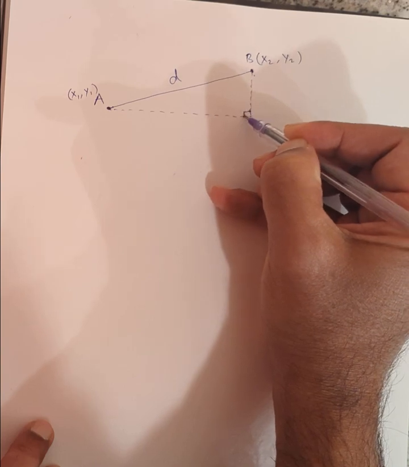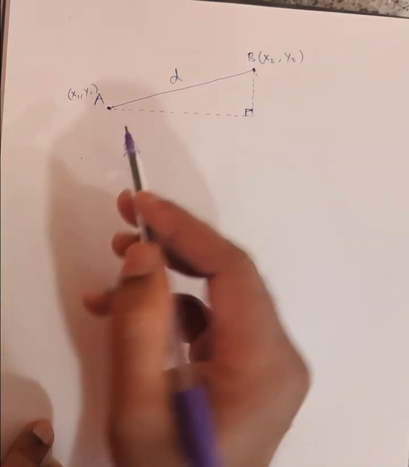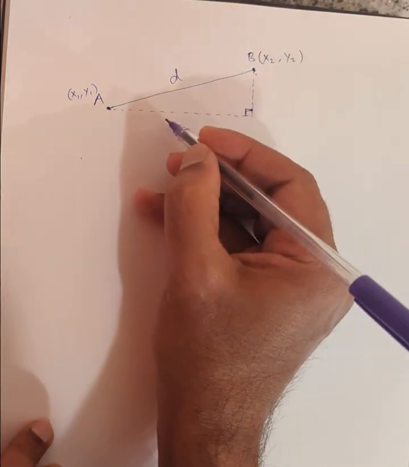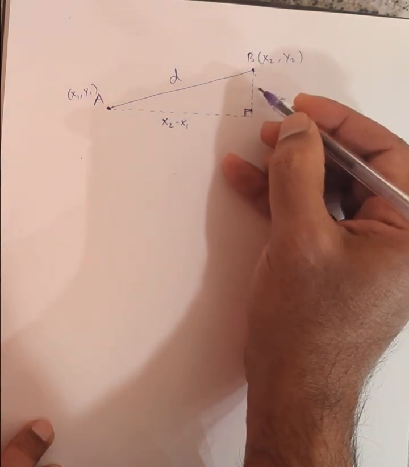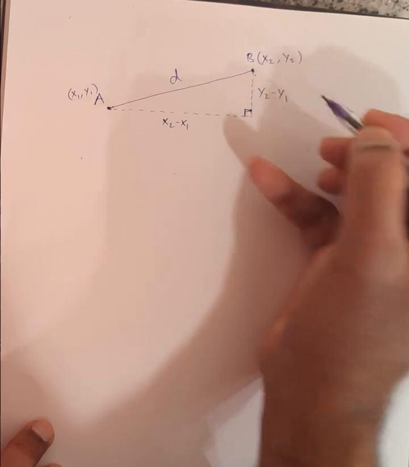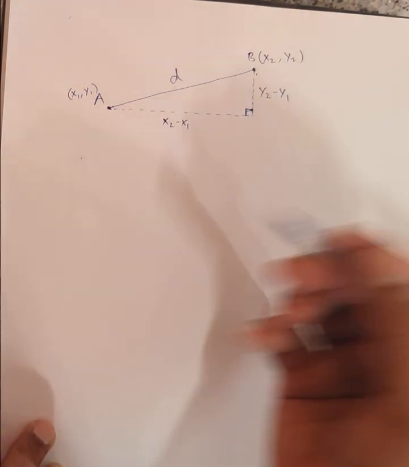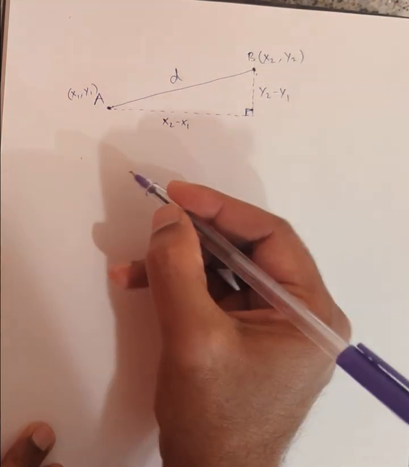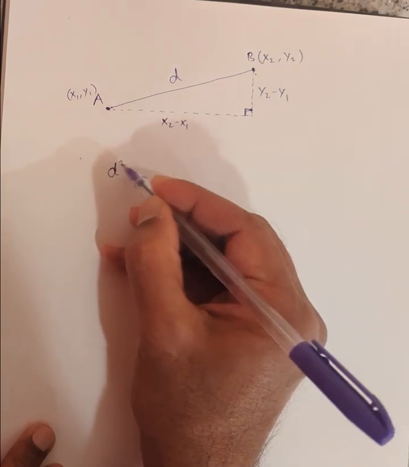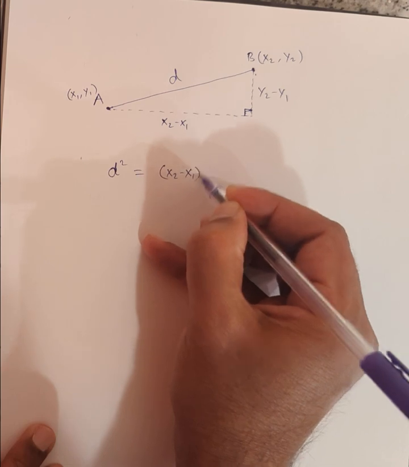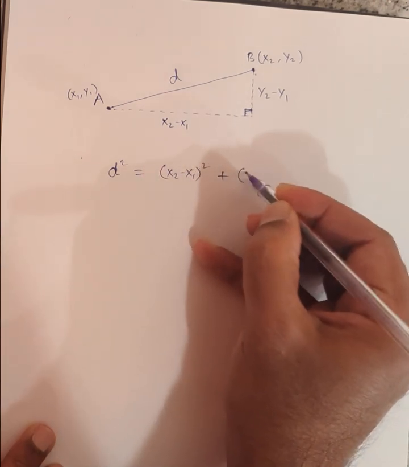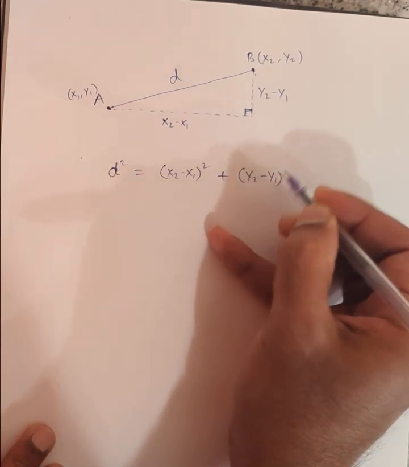And in this right triangle, the horizontal distance will be x2 minus x1 and the vertical distance will be y2 minus y1. So you can use the Pythagorean theorem. D square is equal to x2 minus x1 quantity square plus y2 minus y1 quantity square.